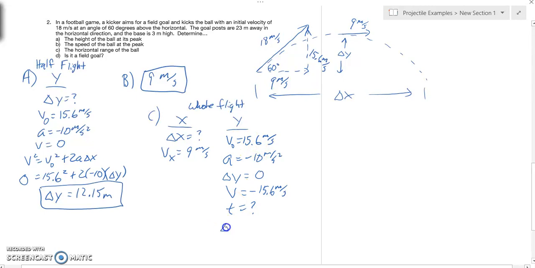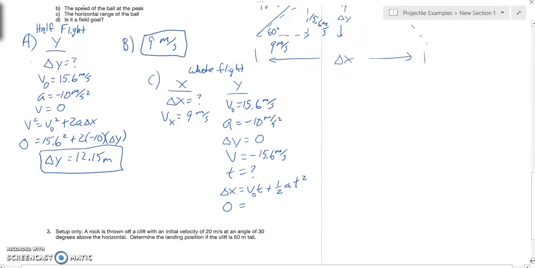So the equation I'm going to pick, delta x equals v naught t plus 1/2 at squared. So I've got 0 equals our initial velocity, 15.6 times time plus 1/2 times -10 times t squared.